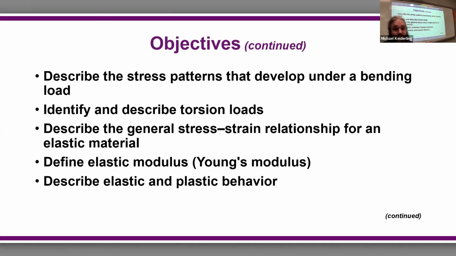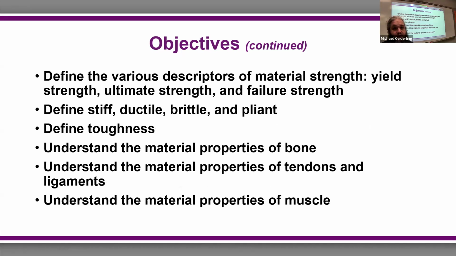We'll identify and describe torsion loads, and we'll describe the general stress-strain relationship for an elastic material. We'll go over what elastic modulus or Young's modulus is, and we'll describe elastic and plastic behavior. We'll look at the various descriptors of material strength, which are yield strength, ultimate strength, and failure strength, the 3 different strengths something could have.